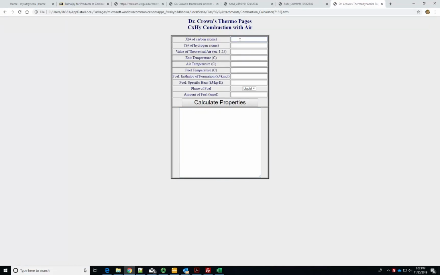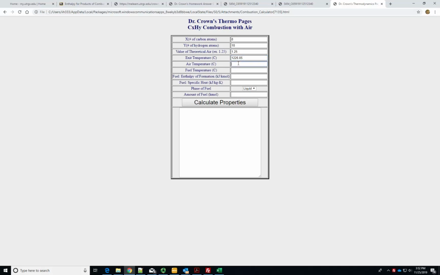So this is homework 14.2, and I type 8 carbon atoms, 18 hydrogen atoms, 25% excess air. The exit temperature is 1226.85.